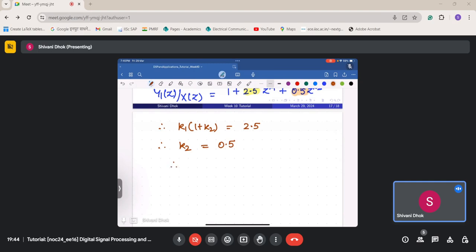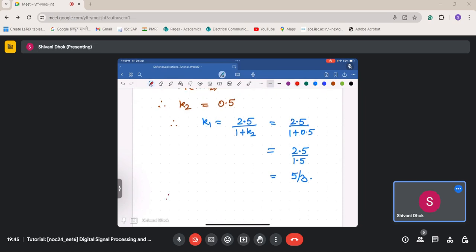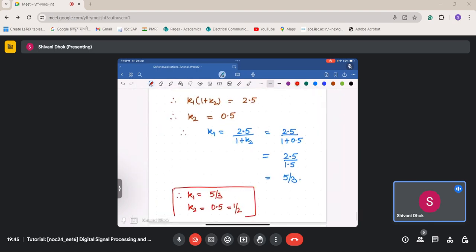Therefore k1 is 2.5 upon 1 plus k2, which is 2.5 upon 1 plus 0.5, which is 2.5 upon 1.5, and this comes out to be 5 by 3. So k1 is 5 by 3 and k2 is 0.5 or 1 by 2. This is the final answer for this particular question.